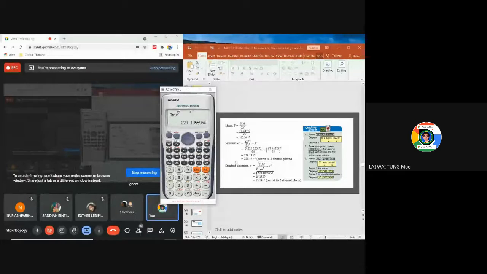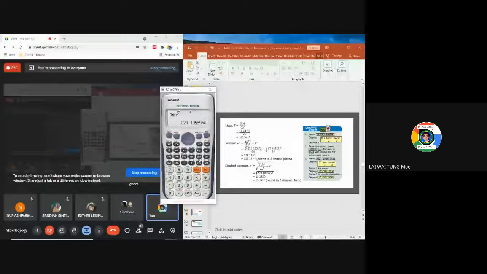For those who have a calculator besides this gray color and black color, I only have these two versions of calculator. Some of you might buy a newer version, the latest version, so you need to find out from YouTube.